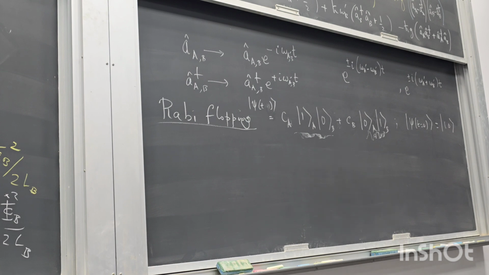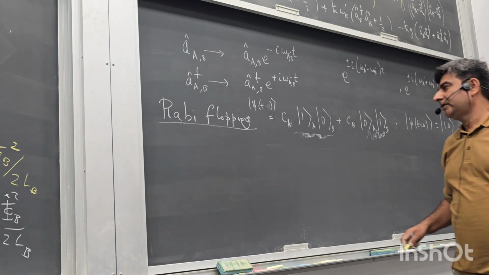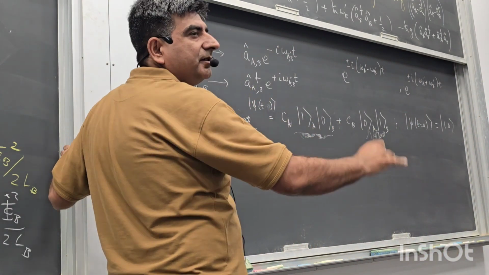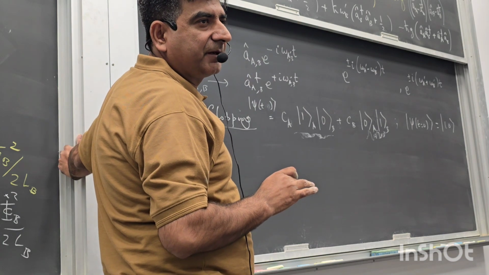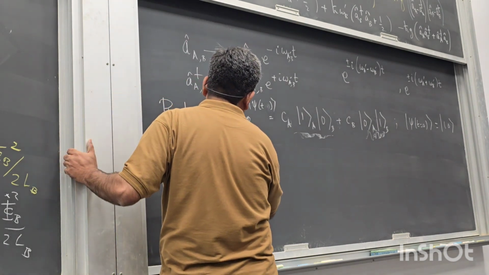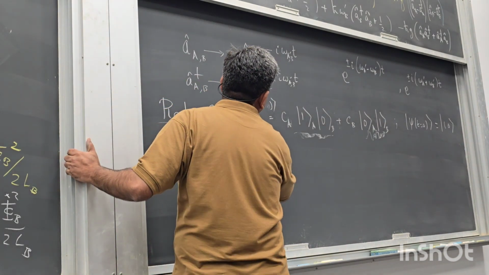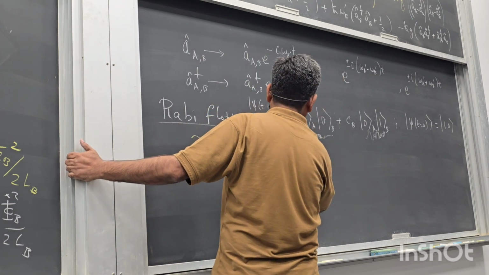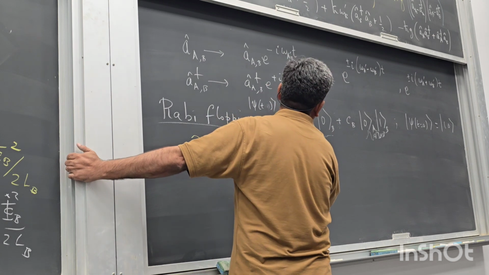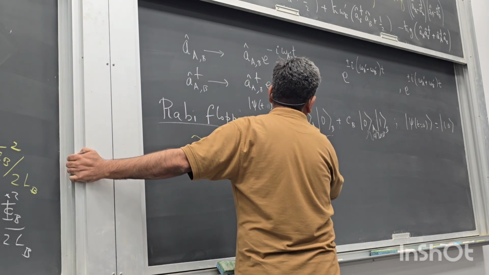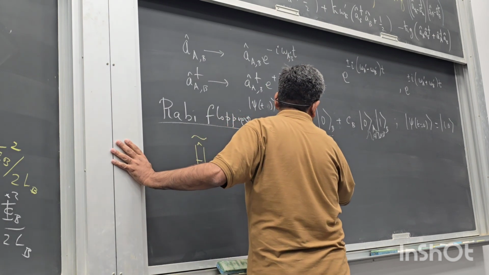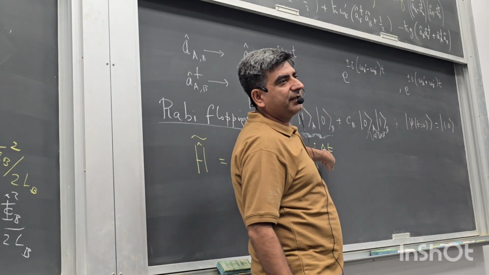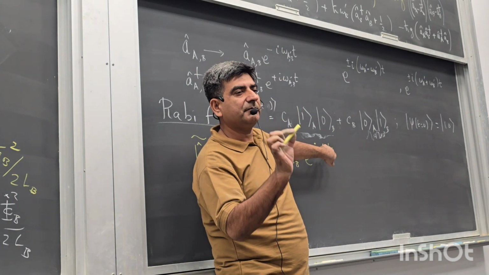In the interaction representation, my Hamiltonian, the first two terms will just wither away. So I'll be left with minus h bar g, a dagger b, e to the plus or minus, doesn't matter, i delta t, where delta is omega a prime minus omega b prime.